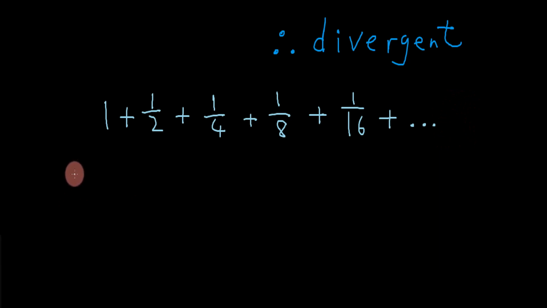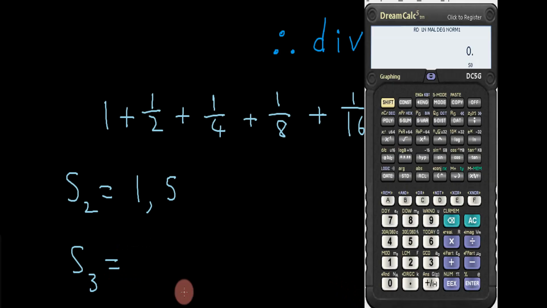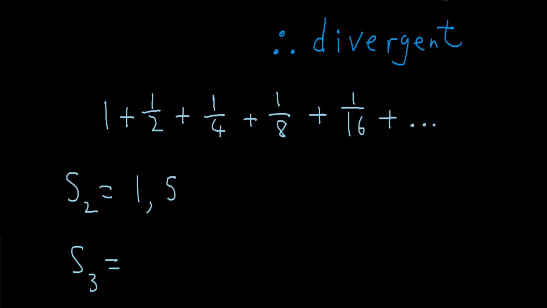Let's take the sum of the first two terms. So that's 1 plus a half, which is 1,5. Then the sum of the first three terms. So that's going to be 1,5 plus a quarter. And that's 1,75.